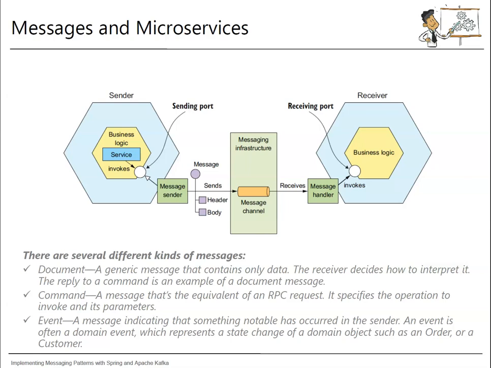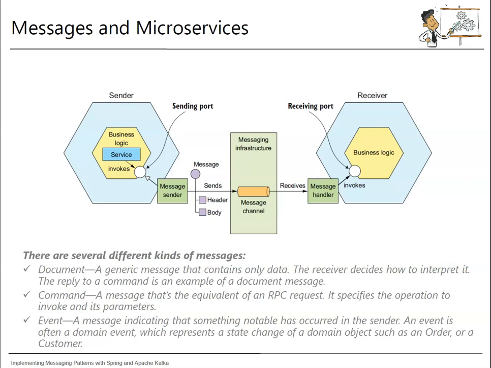Basically, we have three different types of message. The first is the document. It is a generic message that contains only data, and the consumer will decide how to interpret this data. The second type of message we have is a command, where the message is equivalent to an RPC request.